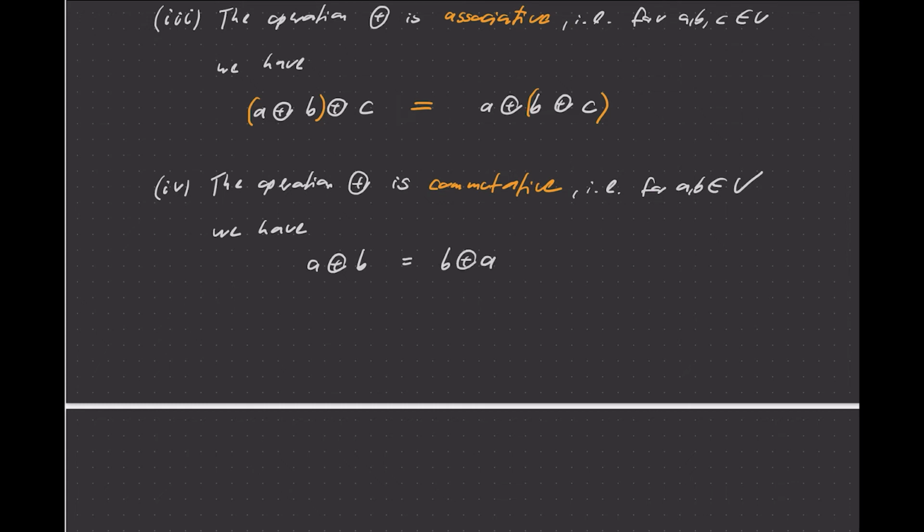So it doesn't matter which of the operands is on the left and which is on the right. And again, this is of course true for addition in real numbers, and that property carries over to R to the n due to our component-wise definition. So these four properties characterize a meaningful addition. That's an addition that we can work with basically in the same way as with the addition in the real numbers that we used to.